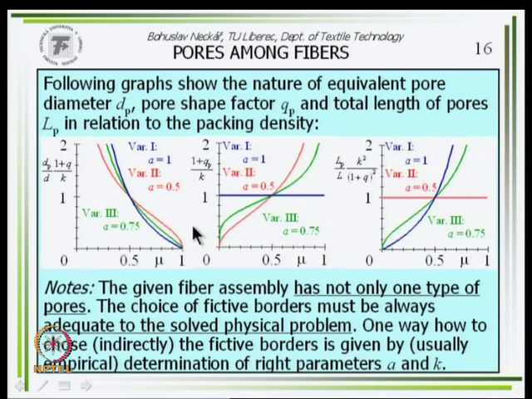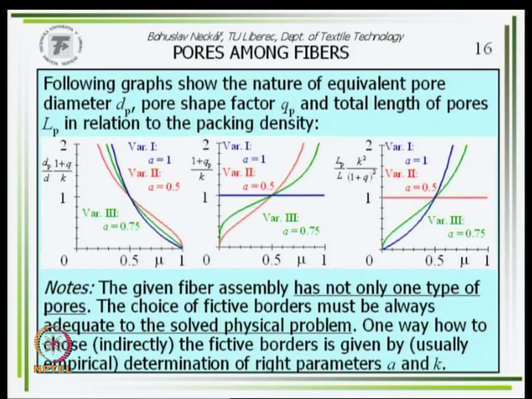To illustrate it graphically, I have here 3 graphs. On the abscissa of all is packing density mu, from 0 to 1. In the first graph, on the ordinate scale is dp by d times (1 plus q) by k. 1 plus q is a constant parameter.